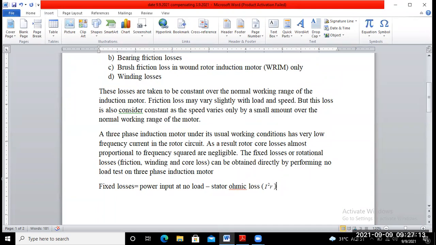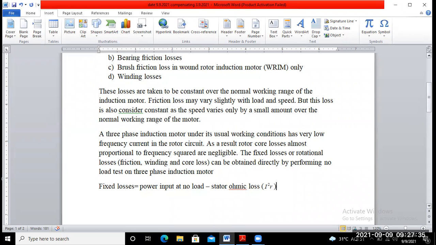We may represent the stator resistance either by R1 or the rotor resistance by R2. So corresponding to that, we may put here R1 or small r or capital R1. Whatever you want to represent the stator winding resistance, don't be confused about the representation of the resistance.